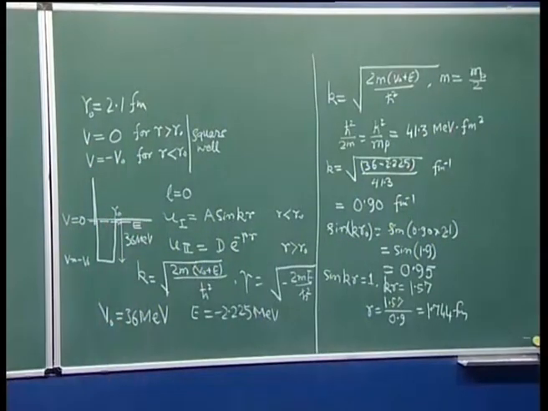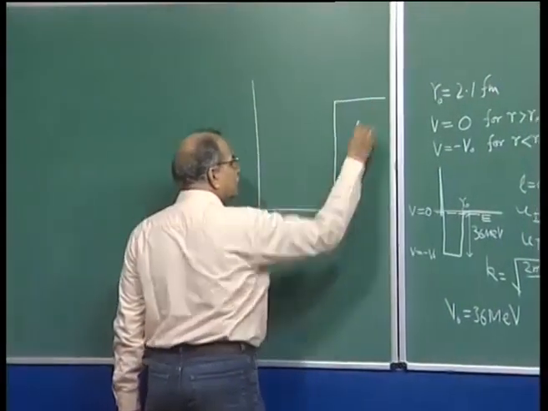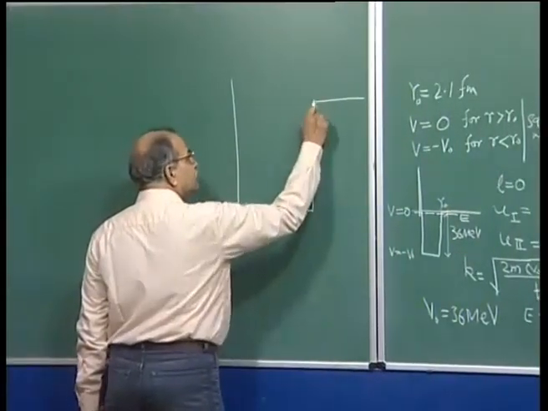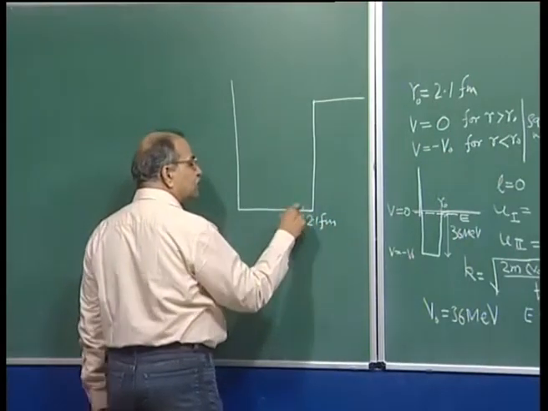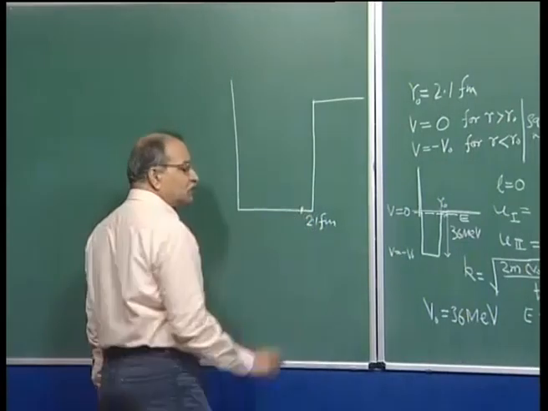So, 1 is somewhere here, 1.5 is somewhere here, 1.7 will be close to the, let me draw a bigger diagram. Suppose this is the potential, this point is 2.1 femtometers, okay. 1.7 will be somewhere here, this is 1, 1.5, 1.75 will be somewhere here.